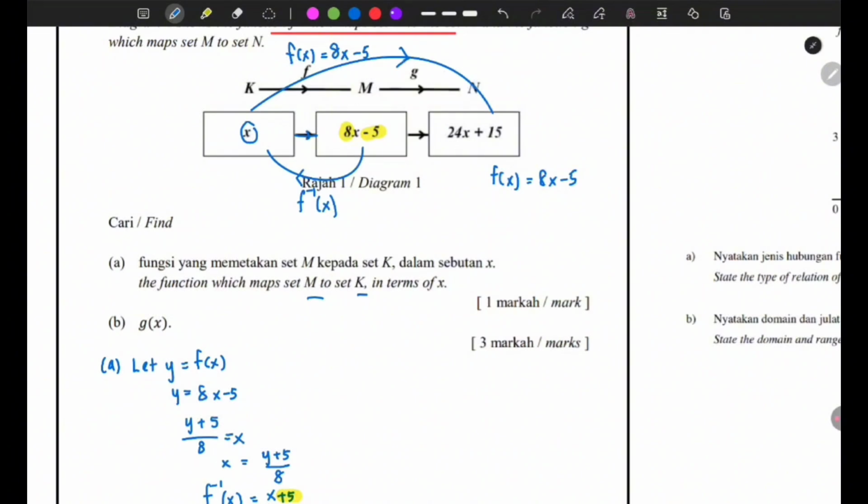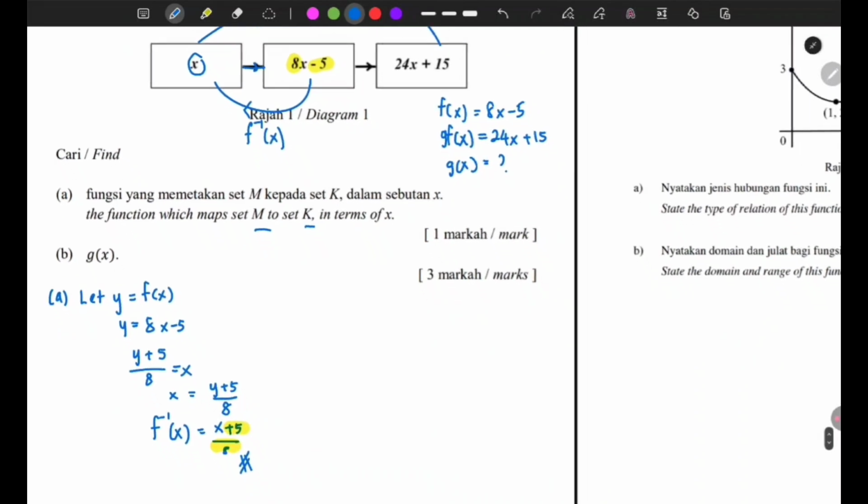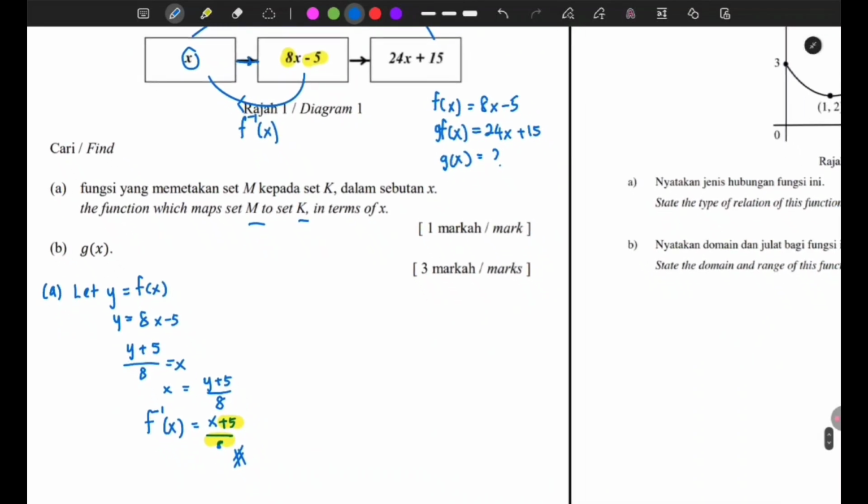And the composite function they don't tell you, but you need to know. So what is it? gfx. So your gfx is 24x plus 15. gx we don't know, and that's what you have to find, isn't it? So let's find. They gave us two pieces of information, and let's find.